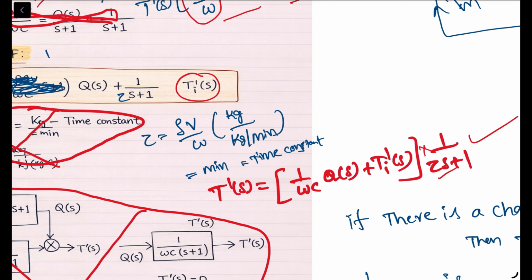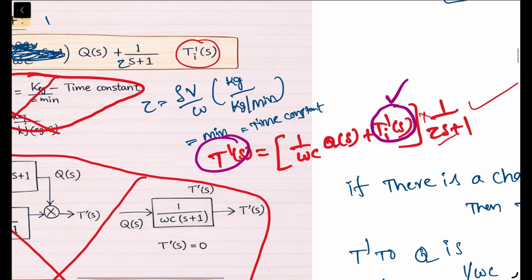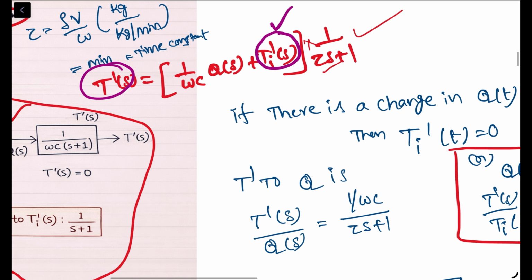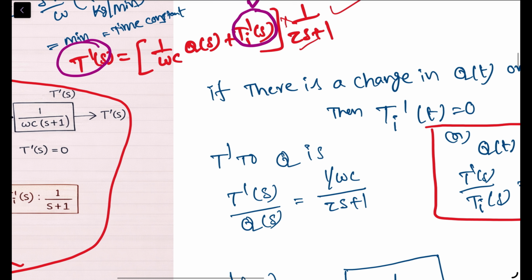Remember, it shows the reactor temperature responds to change in the heat input and inlet temperature T. Now we'll see that with respect to the block diagram.